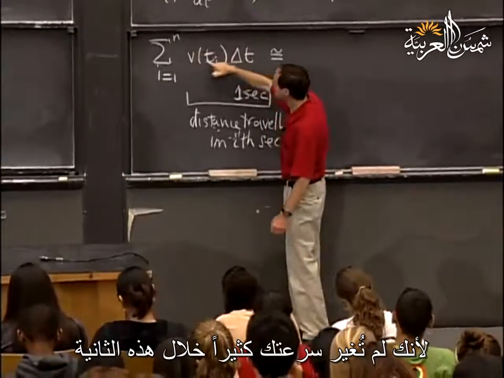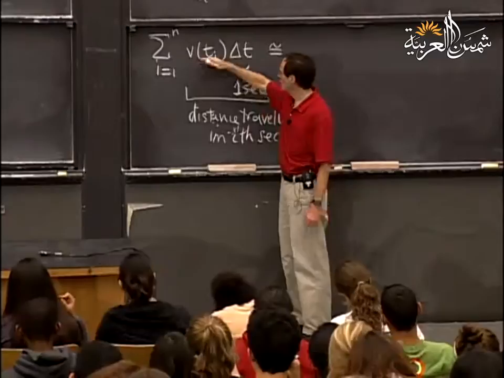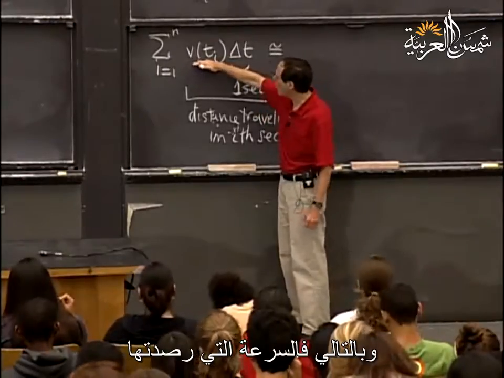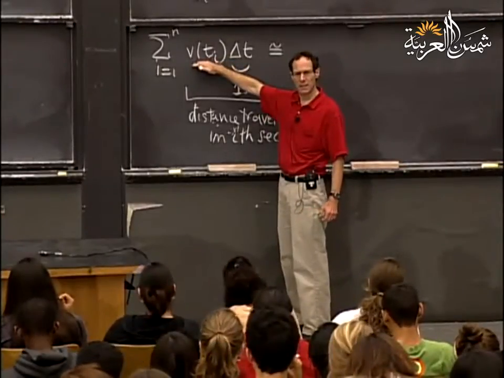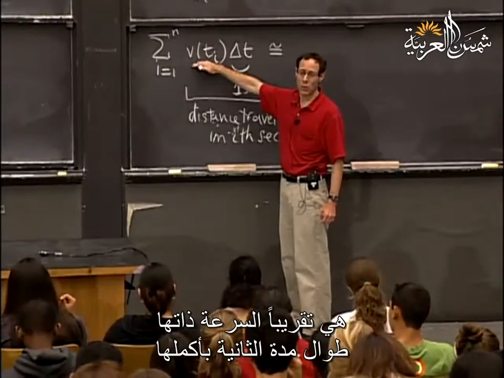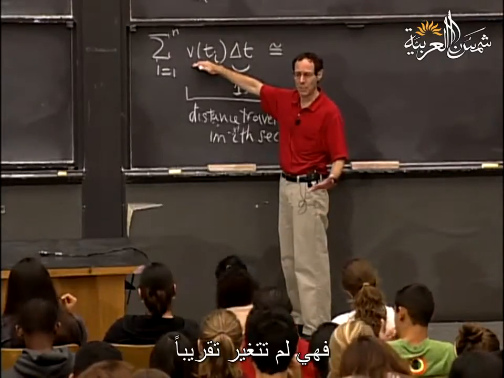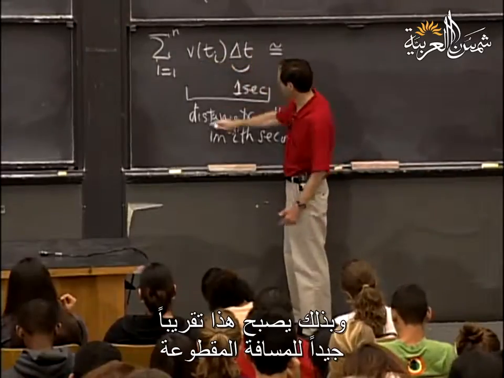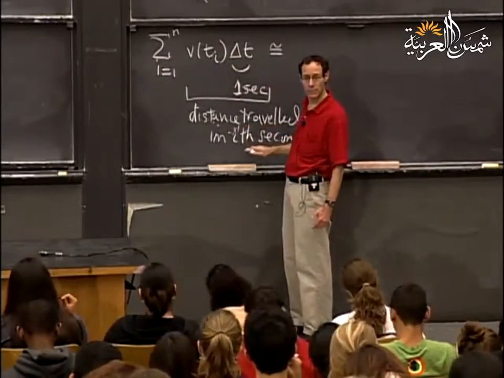right? Because during that second, you didn't change velocity very much. So the approximation that the speed at one time that you spotted it is very similar to the speed during the whole second. It doesn't change that much. So this is a pretty good approximation to how far you traveled.